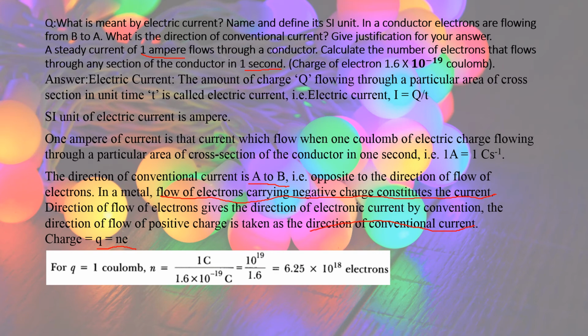So charge will be 1 ampere into 1 second, that is 1 coulomb. So number of electrons N is equal to Q by E. Q is 1 coulomb. E is 1.6 into 10 raised to minus 19 coulomb. So we will get the answer as 6.25 into 10 raised to 18 electrons.